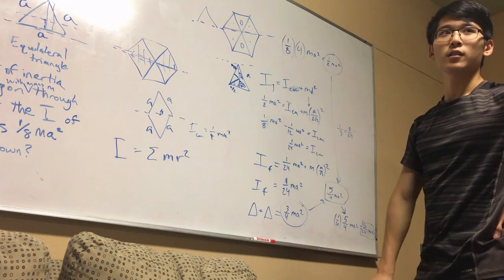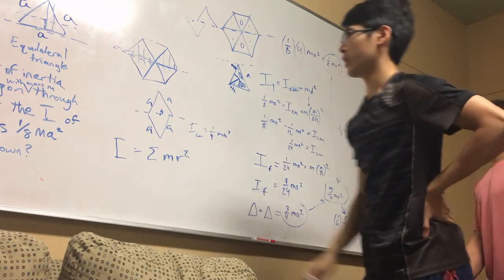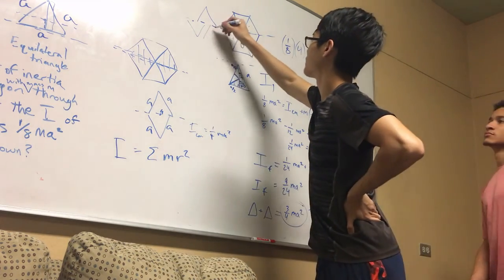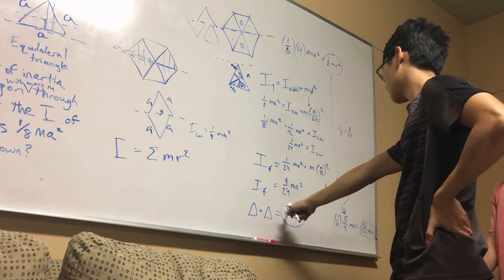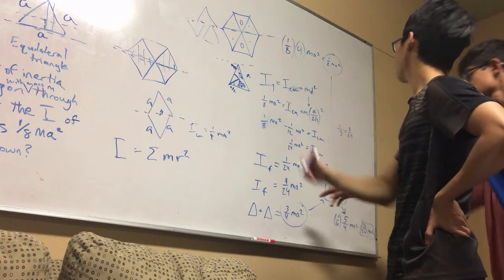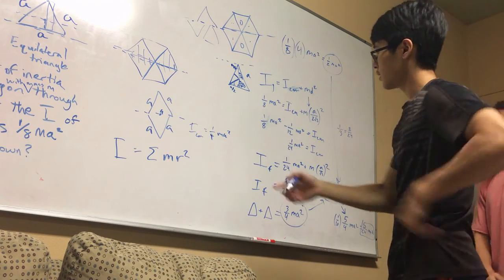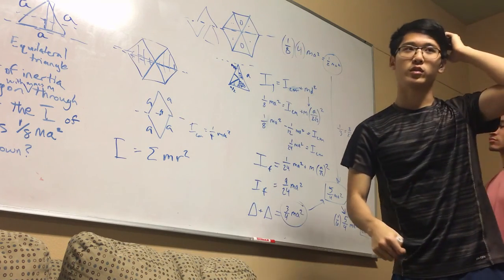You just need to know all the smaller pieces. And if we had another one here, we would just add another 1/8 ma squared. If you had 2 of them, you would have to do 4. That's the thing about moment of inertia: it's just adding up a bunch of these different shapes, and that's going to be really useful for you to realize on the FESMA.